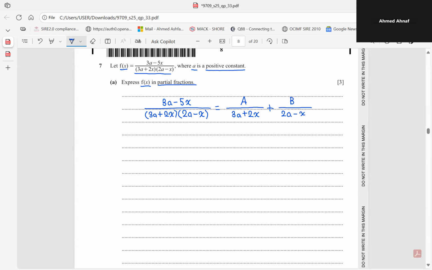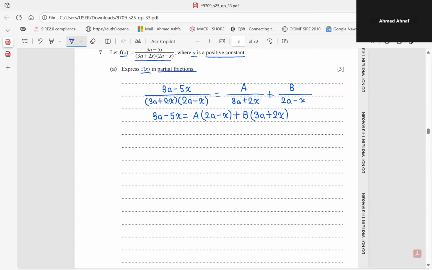Now let's multiply both sides of the equation by the denominator of f(x). So this would give you 3a minus 5x equals to A times (2a minus x) plus B times (3a plus 2x).